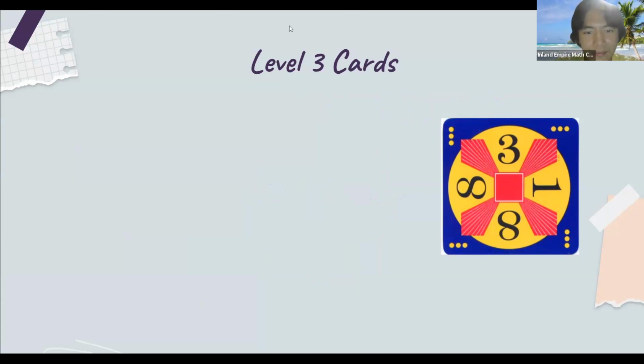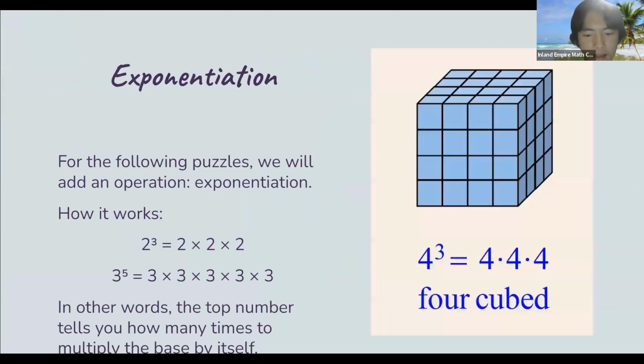No? All right. Okay, so exponentiation, right? That's the E in PEMDAS that we were talking about. How it works is really, really simple. Here's an example. 2 to the third is 2 times 2 times 2, right?